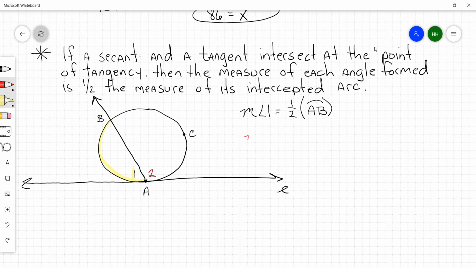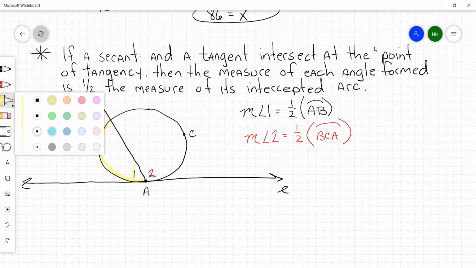So the measure of angle 2 is equal to 1/2 times arc BCA. So if you're looking for this angle, it's 1/2 of this arc. And the yellow arc's a minor arc, the blue arc's a major arc.